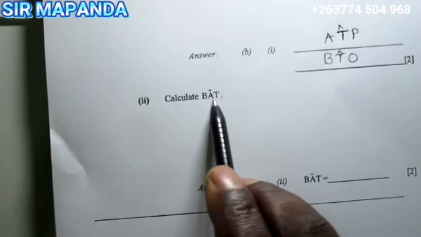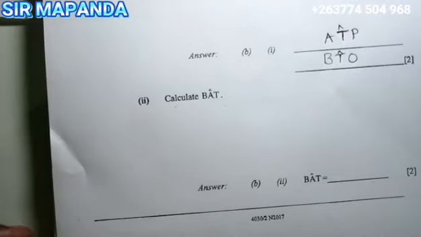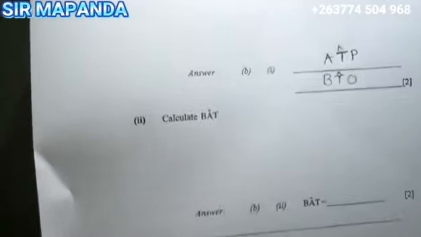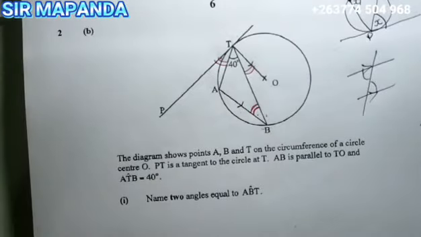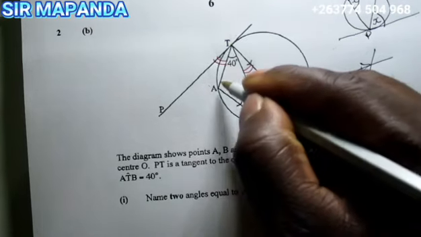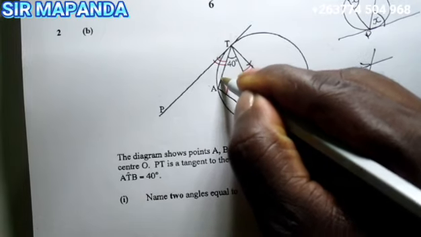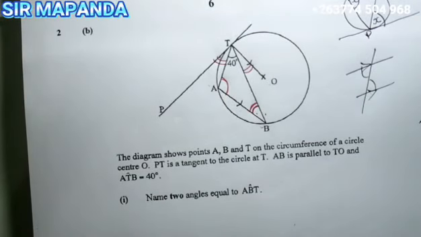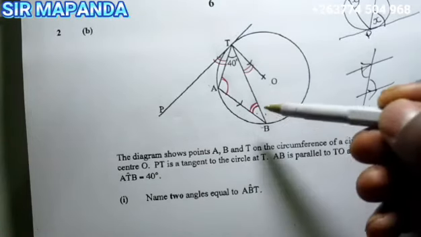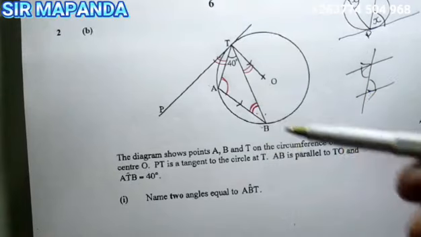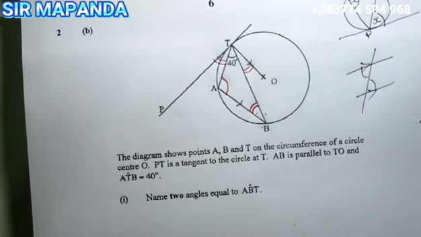Calculate BAT, 2 marks. So to calculate BAT, let us first of all identify the angle BAT. This is the required angle BAT. I hope you are listening, class. So for you to find that angle BAT, you must first of all find the angle at B. Then you make use of the theorem, sum of angles in a triangle add up to 180.